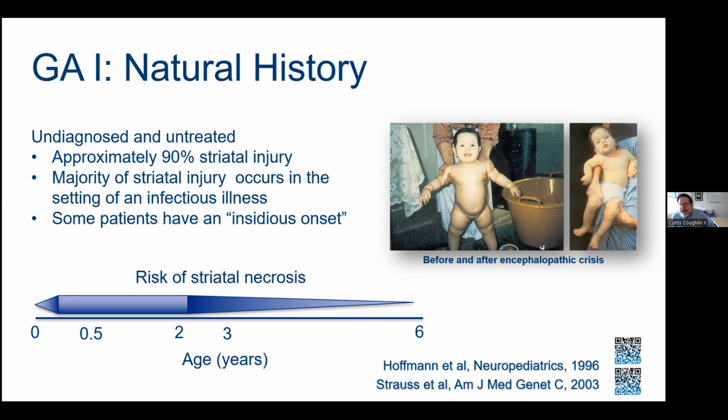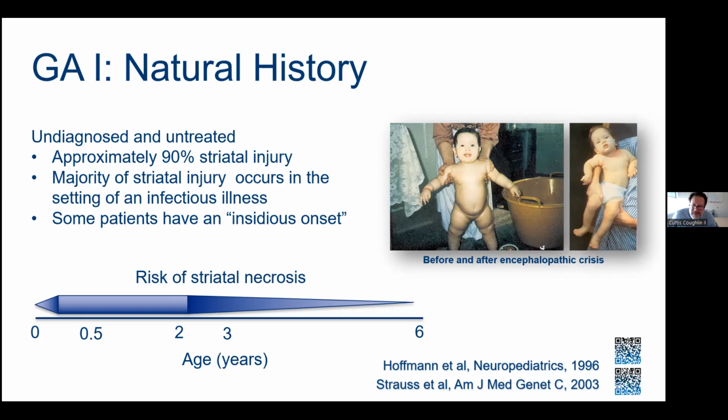In 1979, Dr. Goodman suggested that the risk of injury for a striatal event was about 6 months to 2 years. In conversations with him, I would ask him what the data was for that, and he went, I don't know, it seems that was the window, which is really shocking because I think he was pretty right.